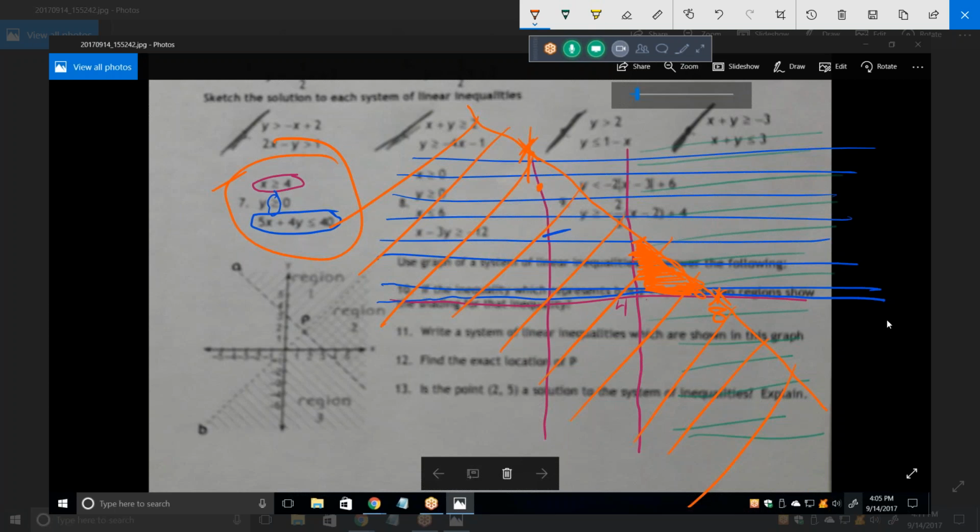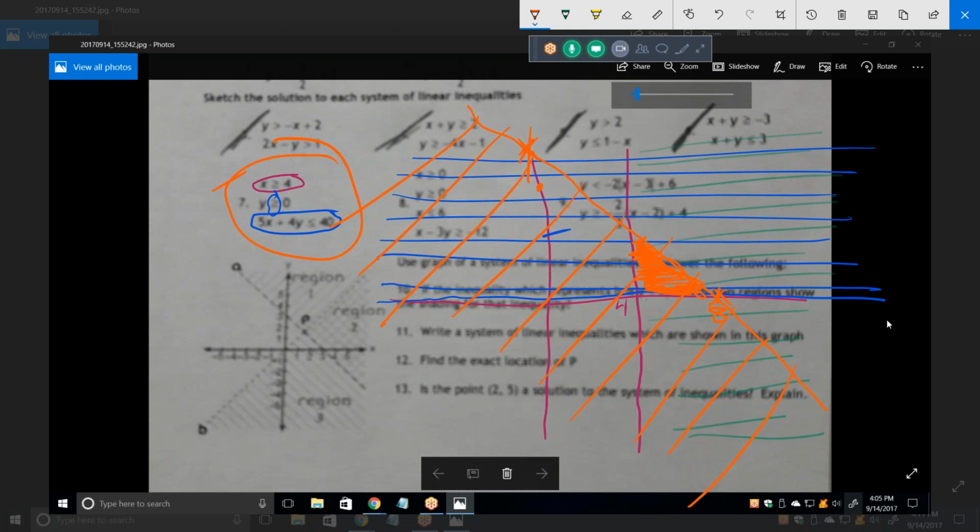Sketch the solution. Now, when they talk about solutions to linear inequalities like this, you kind of have to sketch it. It's not easy to describe numerically. How would I describe that? When I just asked you, you couldn't describe it numerically. I wouldn't be able to either. I would say the triangle whose vertices are, and I'd give you three vertices.